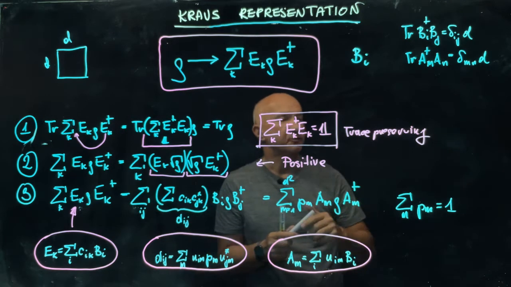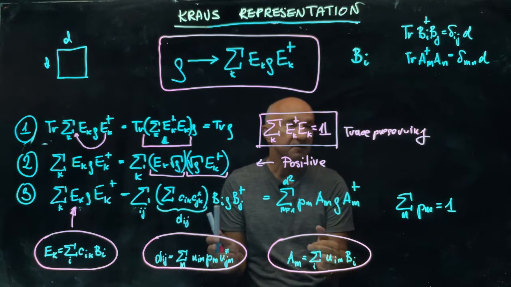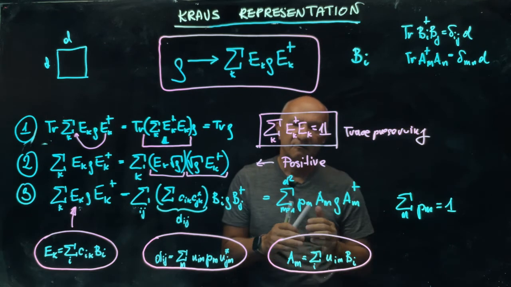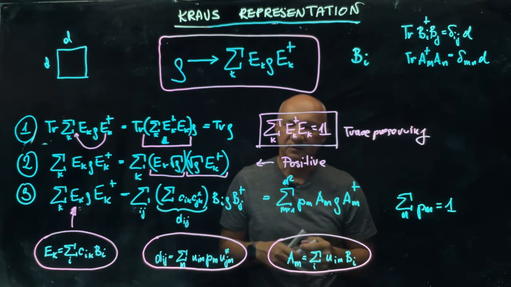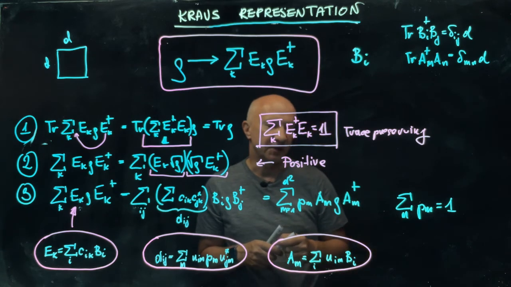In fact, you can show that as long as this matrix here is unitary, the operators A also form an orthonormal basis with respect to the Hilbert-Schmidt product.